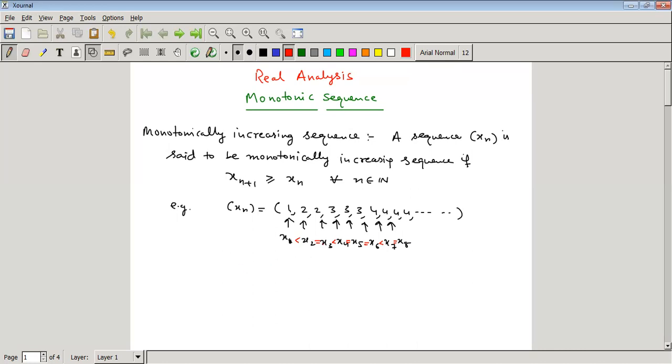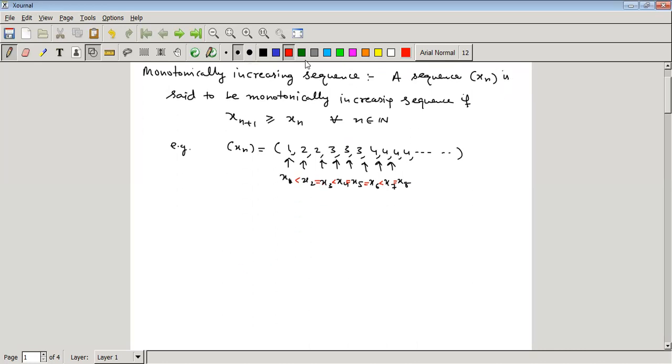If we plot the graph of this sequence, this is the x-axis, this is the y-axis. We take y as xn and on the x-axis the term numbers 1, 2, 3, 4, 5, and so on.